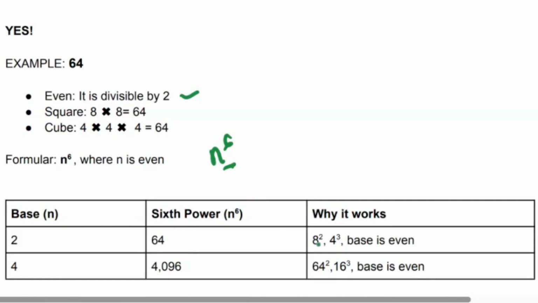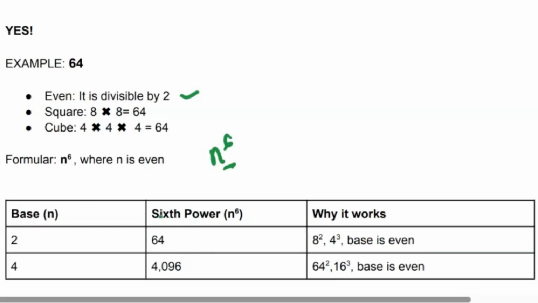From that we get a perfect square, which is 8 times 8, which is 8 to the power 2, and then a perfect cube, 4 to the power 3, that is 4 times 4 times 4. The base, which is 2, is an even number, and so it makes the number 64 automatically an even number. All these three criteria perfectly fit.